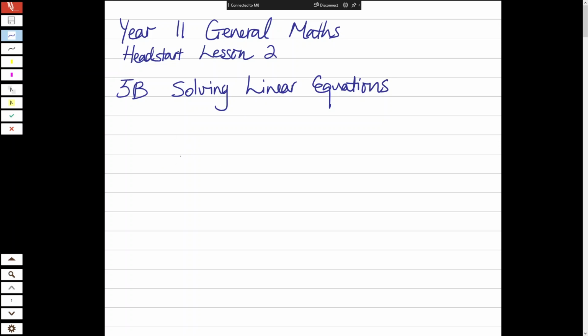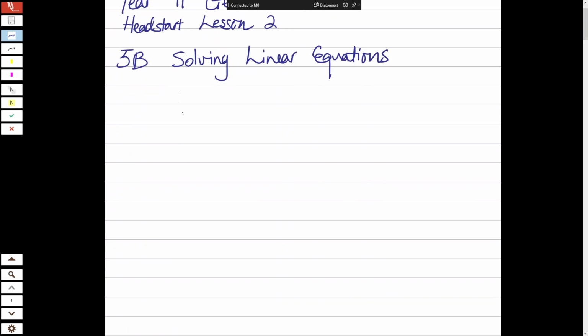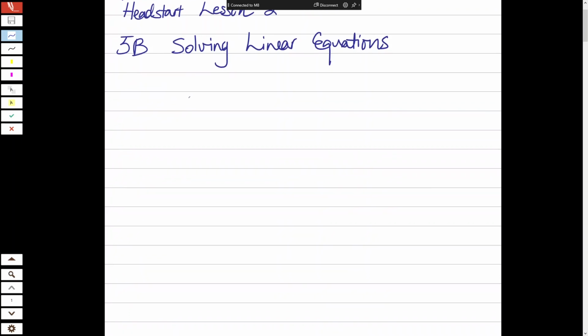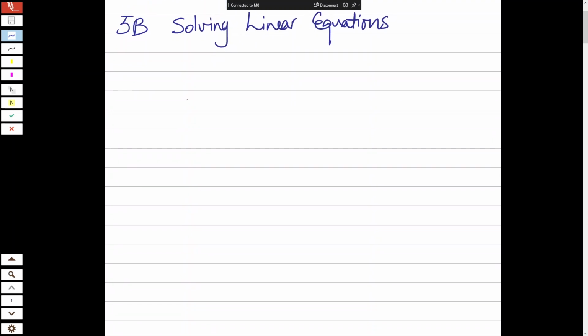All right, so if you want to take notes, please go ahead. I believe you've been doing this since year 7, solving linear equations. So we're about to do a few examples.